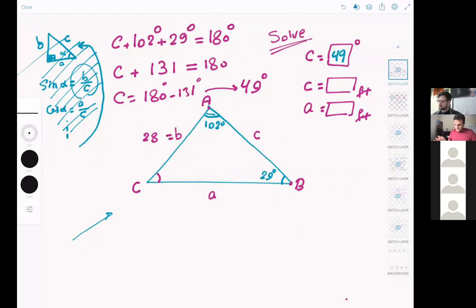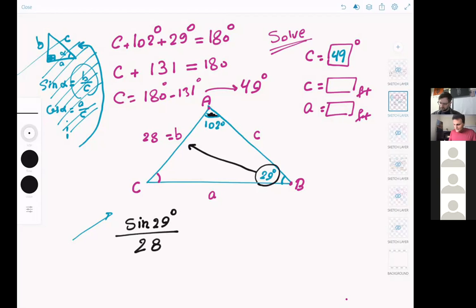So I'm gonna write sine of 29, divided by 28, should be the same as sine of 102 divided by a. So sine of 29 degrees divided by 28 should be equal to sine of 102 divided by a.